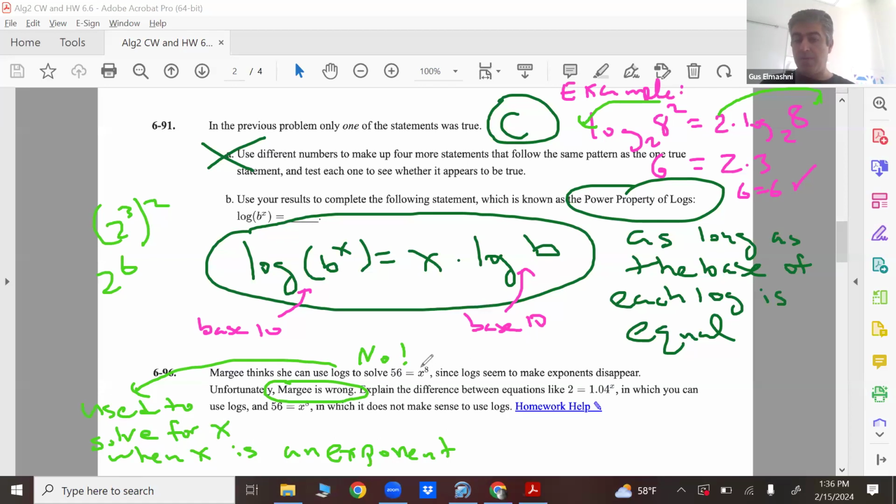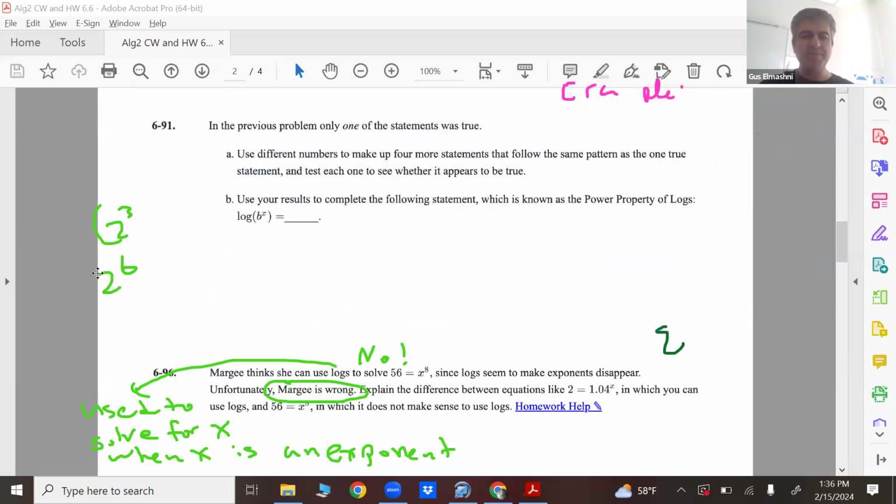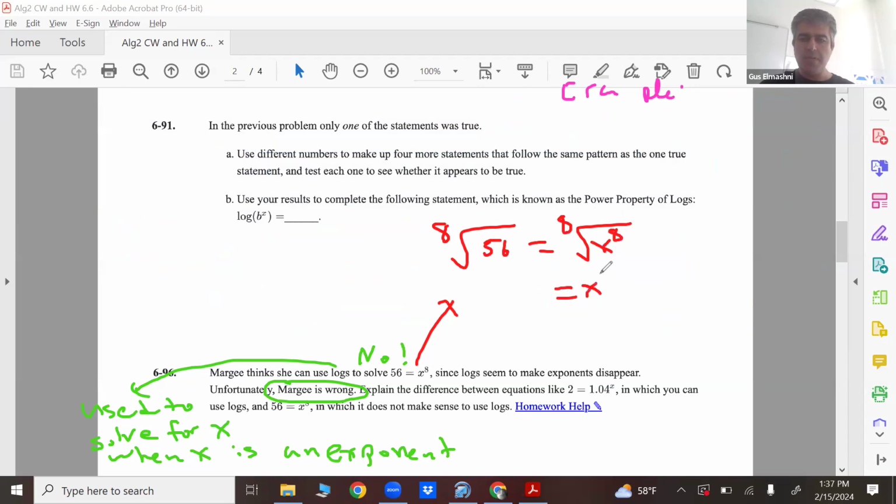How would you actually solve that? Let me erase some stuff here. Yeah, you got to root it. So what you want to do here, if you were to work that out, is like 1.654.